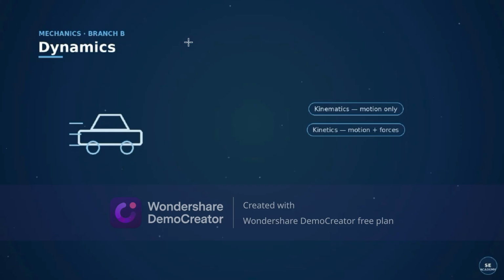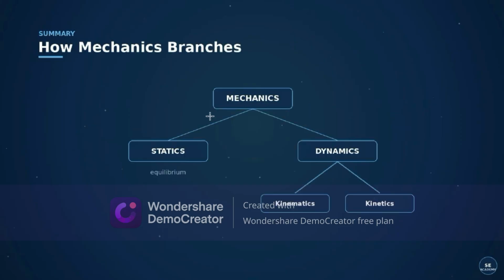For kinematics we mean motion only, which means movement only. Kinetics is motion plus forces. Dynamics is concerned about, for example, a pulley, a vehicle. Those are the two branches of mechanics.